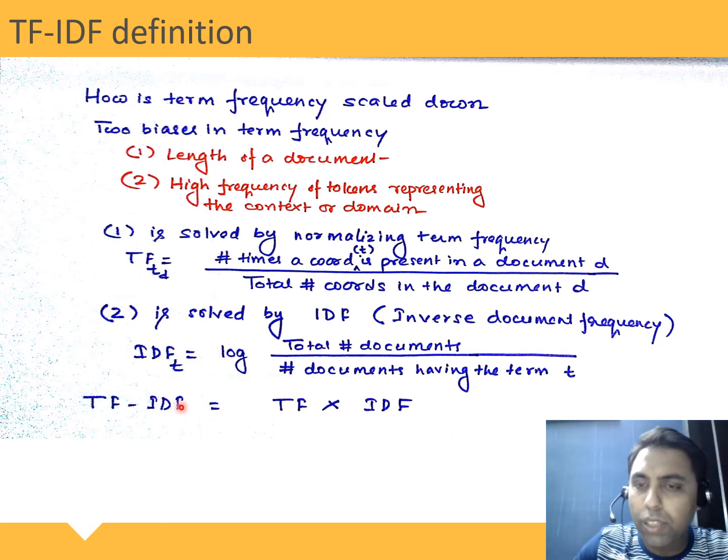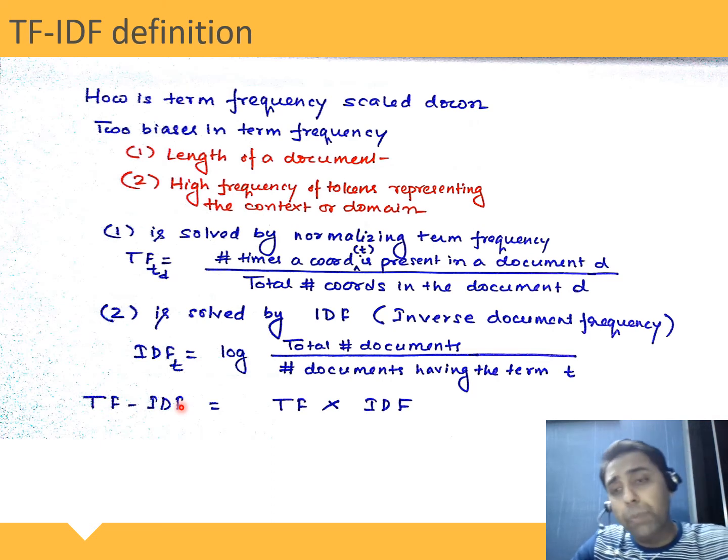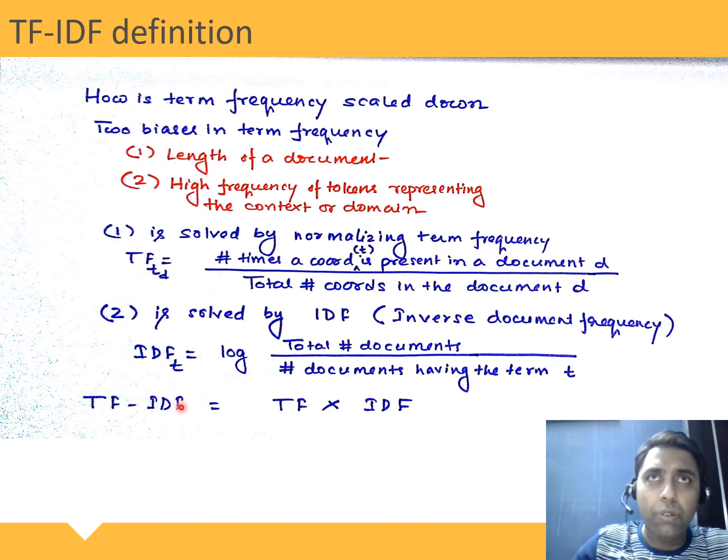And it's quite intuitive why, because one word may be present a certain number of times in one document, but in the second document it may be present a different number of times, and it may not be present at all.